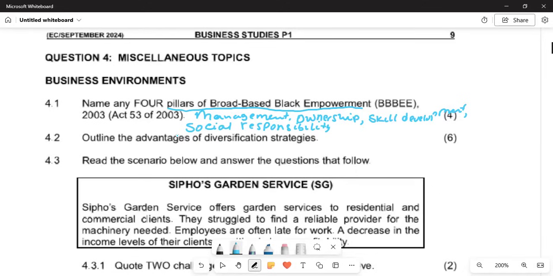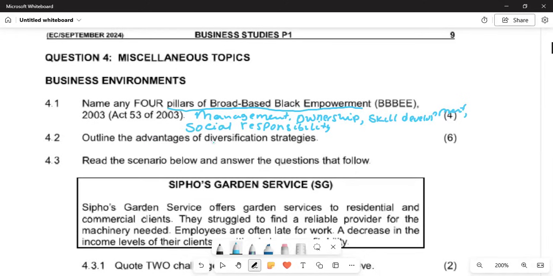So those are the four pillars of broad-based black economic empowerment. Social responsibility, or we can say socio-economic development. We can also talk about supplier development, or enterprise and supplier development, ESD. So that is your 4 marks.